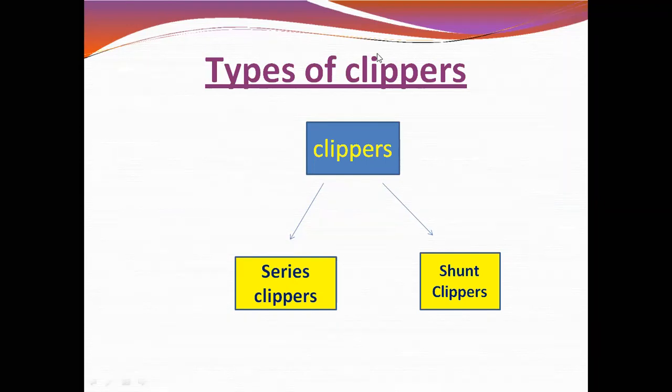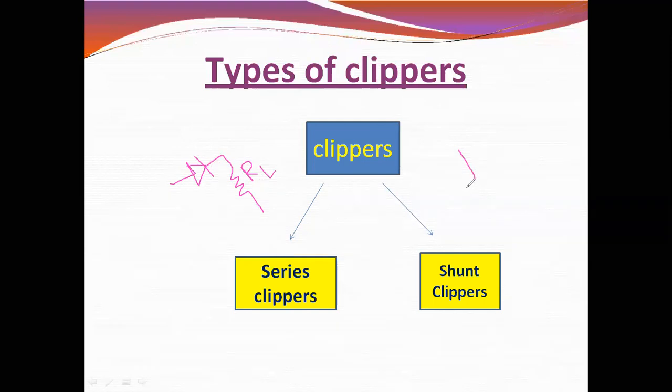Clear? The diode is connected to the resistance in parallel. You are all aware of what is meant by series connection and shunt connection. If suppose this was the diode, if only one end is connected to the other end of the resistor like this, then it is called series clipper. Like this, if you are observing in the diagram, that is called series clipper.